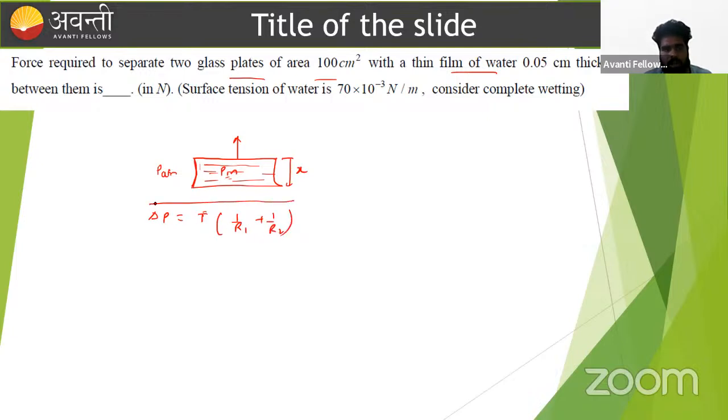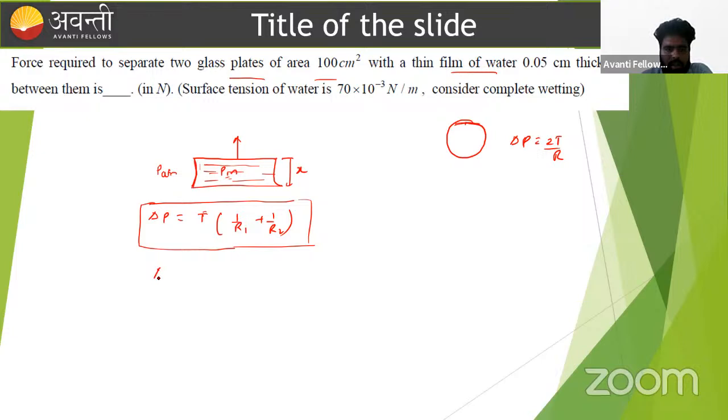If a surface has two radii of curvature, or, for a sphere, both radii of curvature are equal, so R1 and R2 become equal. This formula becomes 2T upon R for a sphere. But in the case of a cylinder, one radius of curvature is infinite, so the formula becomes T upon R.